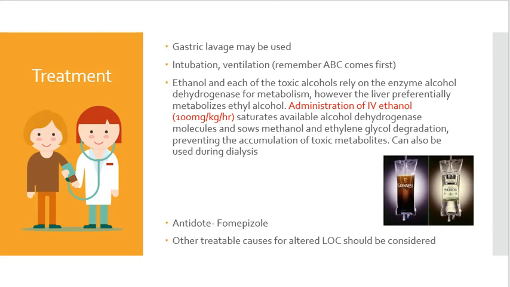It can also be used during dialysis. So generally, these patients are essentially given alcohol as a treatment. The antidote is fomepizole, and other treatable causes for altered LOC really need to be considered.